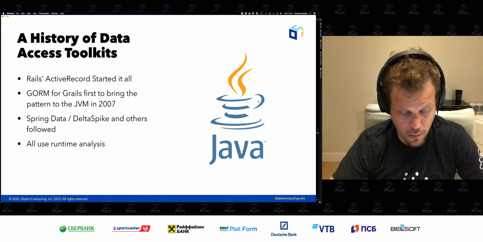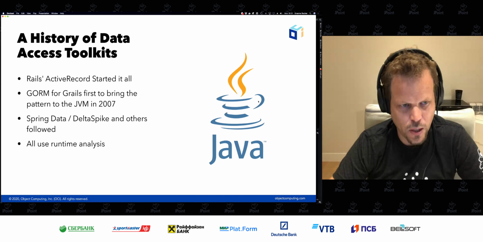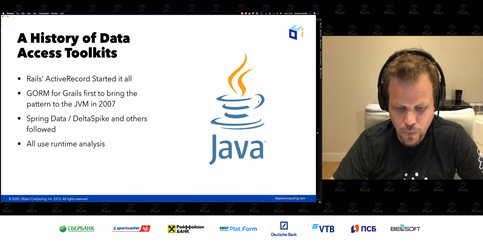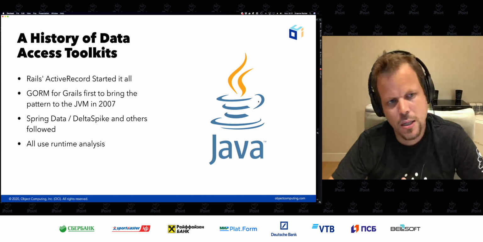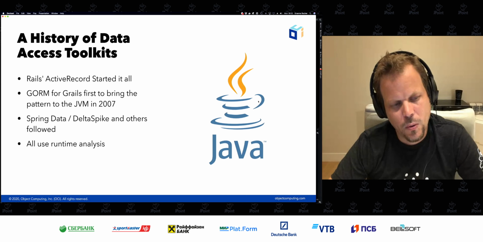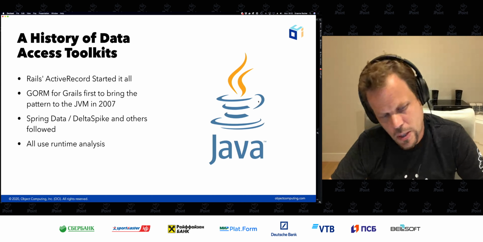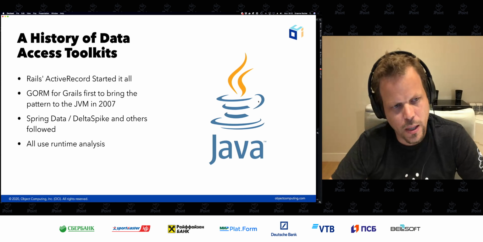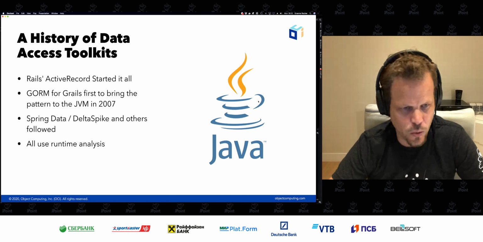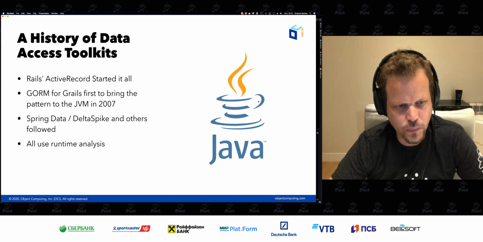Ruby on Rails really did show the way in terms of how to obtain good productivity when writing database access code. And GORM, which Grails was obviously heavily inspired by Ruby on Rails, was really the first framework or toolkit to bring the Active Record pattern to the JVM.